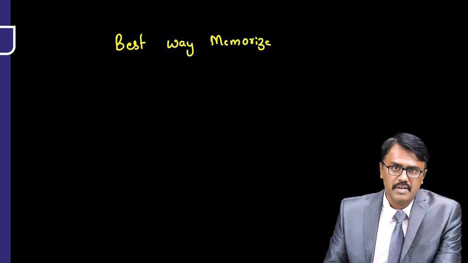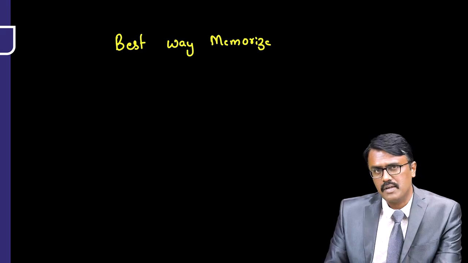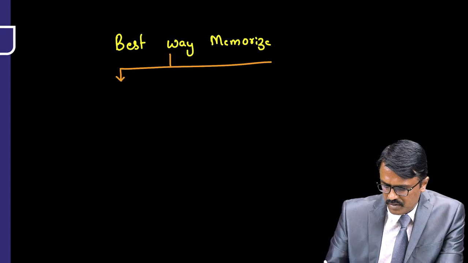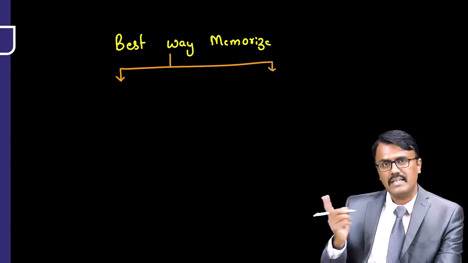Now many times students ask me this question: sir, there are so many drugs. What is the best way to memorize the drugs? Remember, you have to know the basic drugs first, then only go for the newer drugs. The best way to memorize the drugs is, if you have a textbook of pharmacology, there is something called the index.